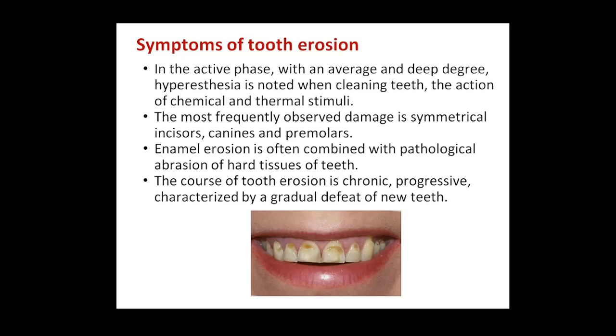Enamel erosion is often combined with pathological abrasion of hard tissue of teeth, and the course of tooth erosion is chronic, progressive, characterized by a gradual defect of new teeth, tooth by tooth.